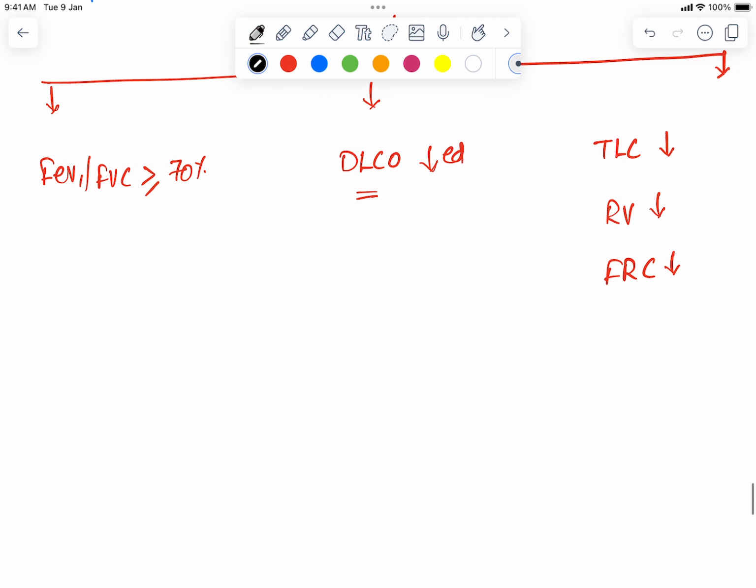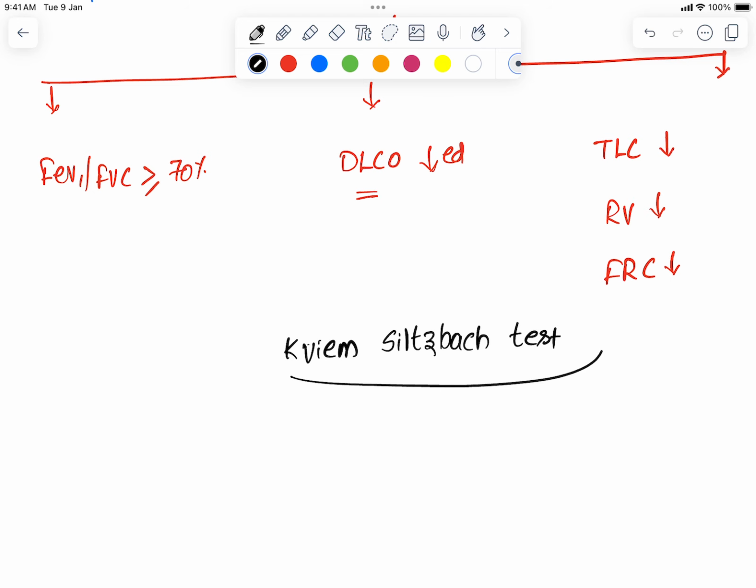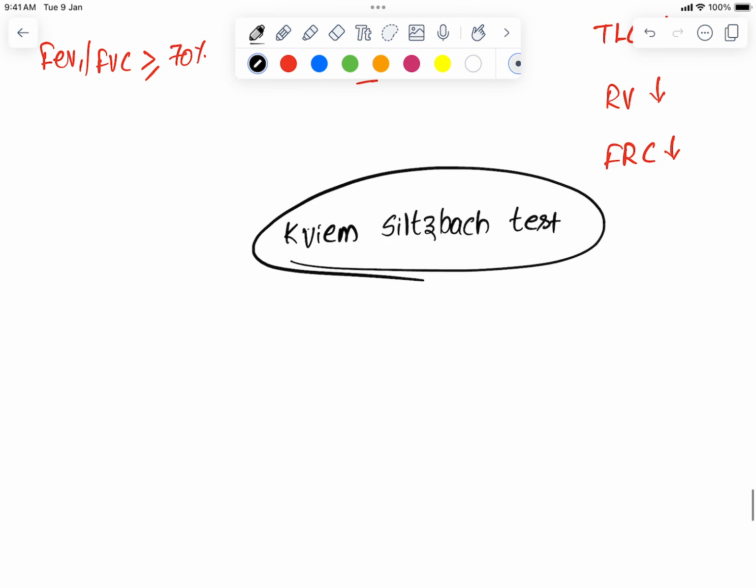And we have a good old test that is called the Kveim-Siltzbach test. This Kveim-Siltzbach test is not being done in recent days.